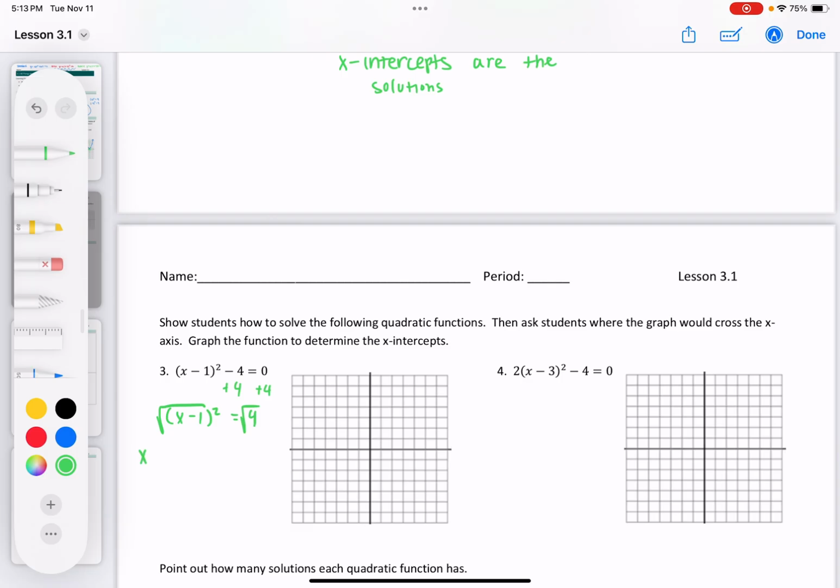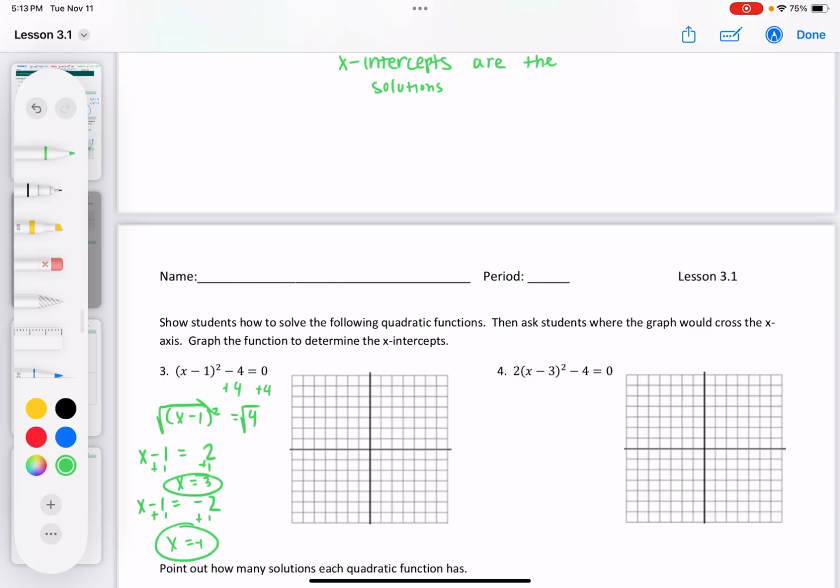So we get x minus 1, because the square and square root cancel out. The square root of 4 is 2, but it is also -2. So that splits into 2 different equations for us. Our last step is to add that 1 over and get x equals 3 and x equals -1.